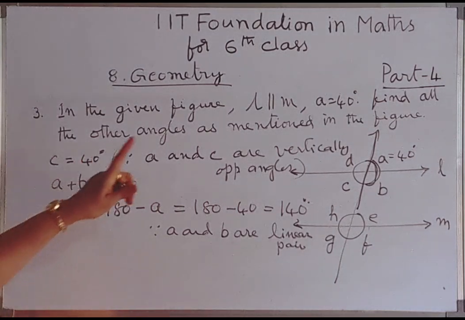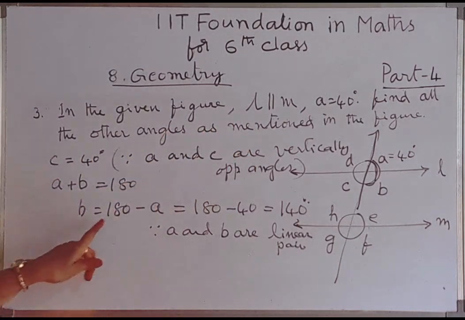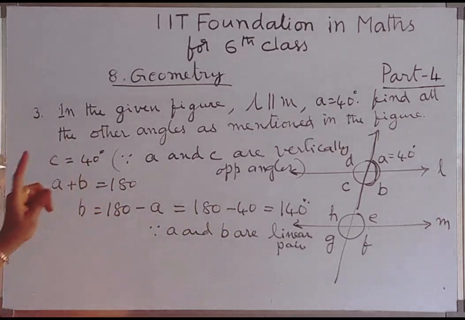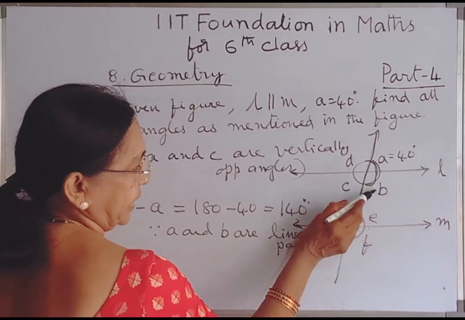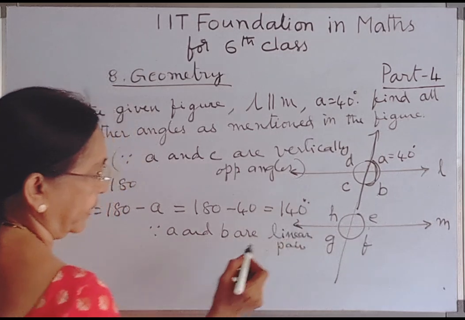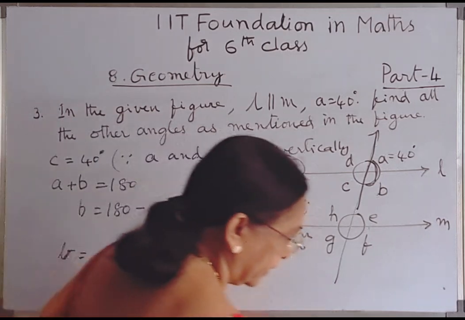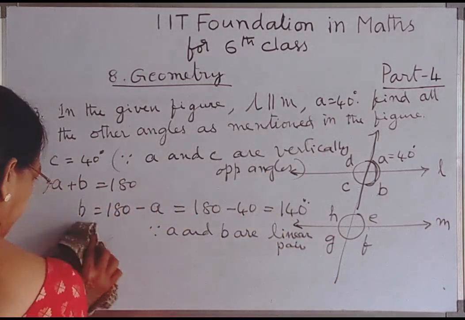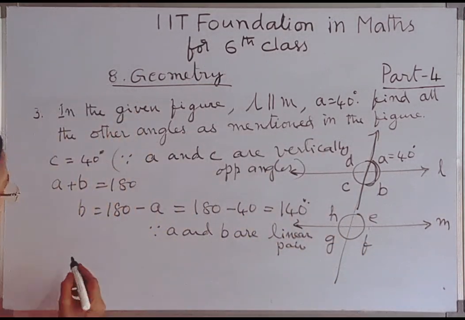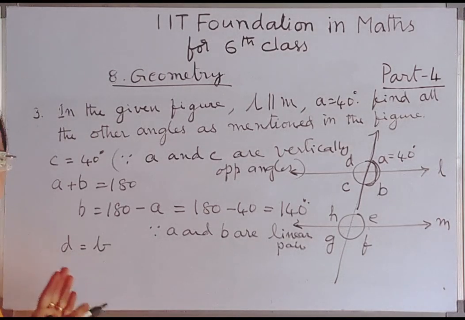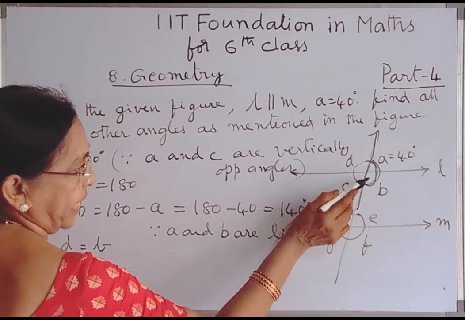So A is equal to 40 degrees, B is equal to 140 degrees, C is equal to 40 degrees. And D is vertically opposite to B. So D is equal to B because B and D are vertically opposite angles.